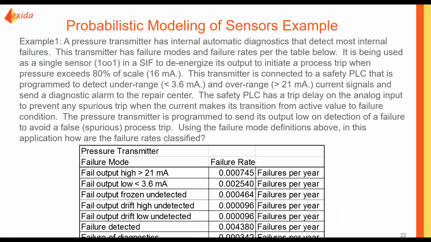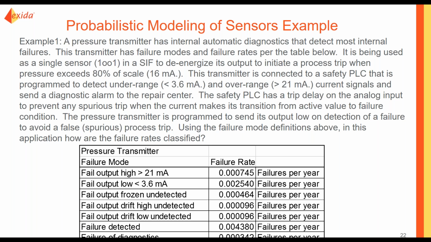So, with those failure rates from the slide previously, we're going to think of an example. A pressure transmitter has internal automatic diagnostics that detect most internal failures.